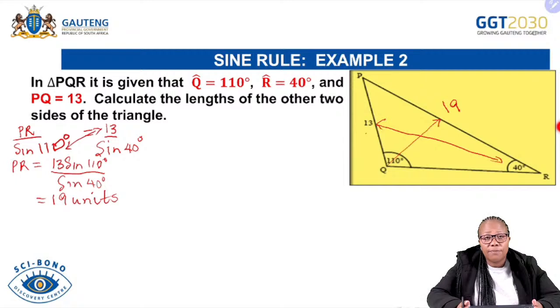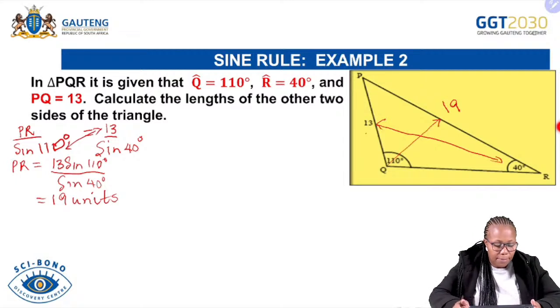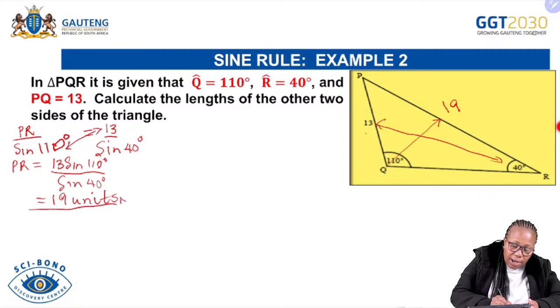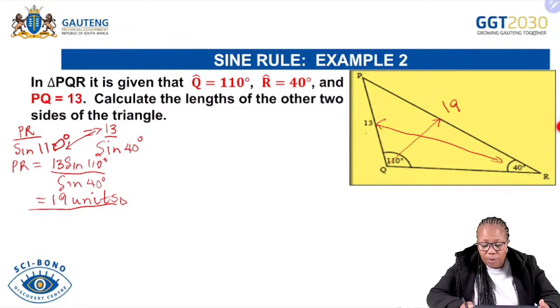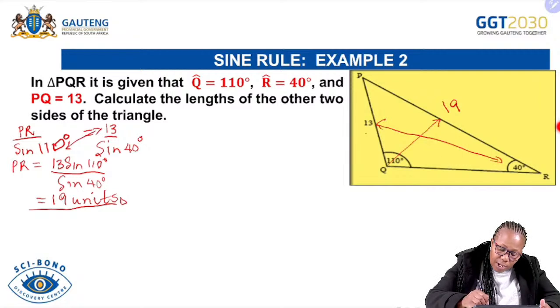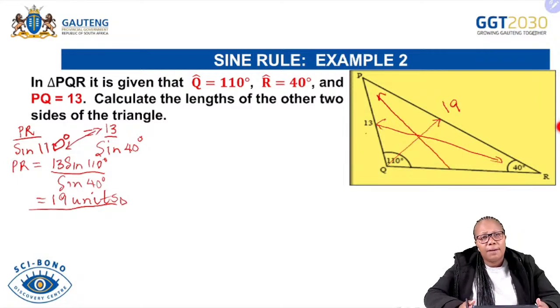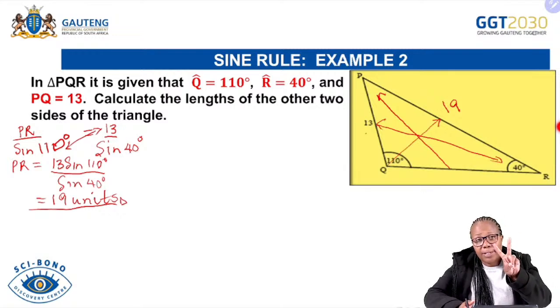After calculating information, put it on the diagram. Okay, now we are left with one side to calculate, that is QR. And then if you look at QR, let's see, QR is opposite angle P. Do we have angle P? No. Can we calculate angle P? Yes, because we are in a triangle and we already have two angles, then we can calculate the unknown angle.